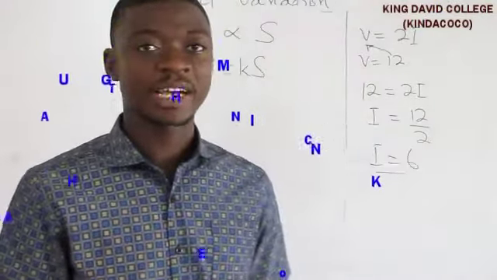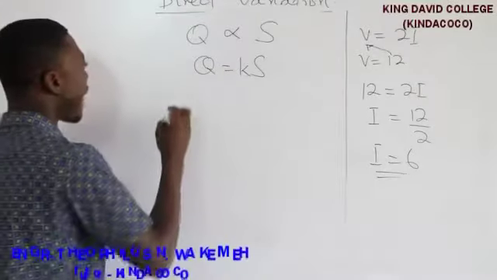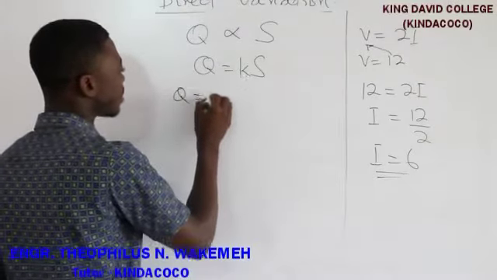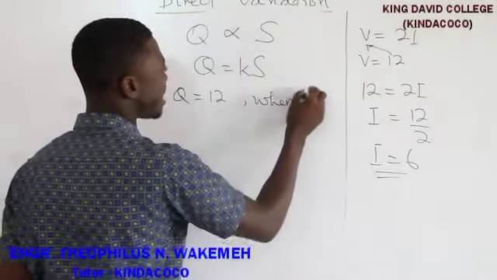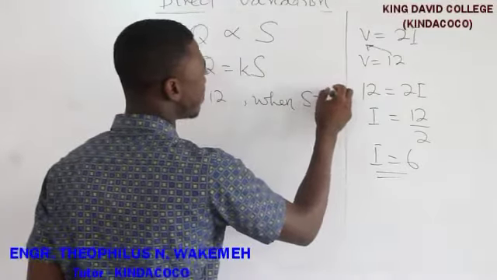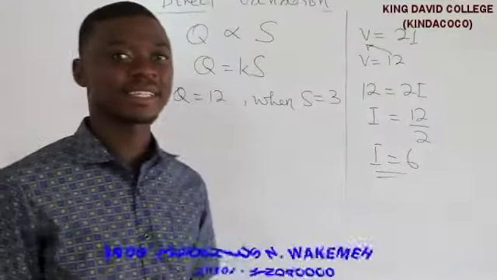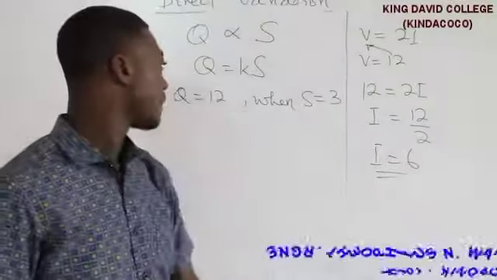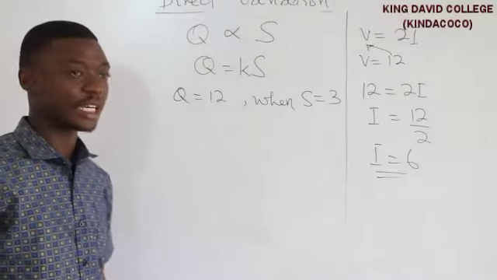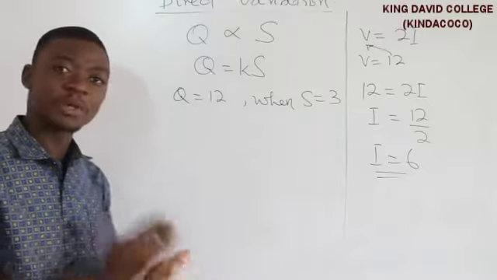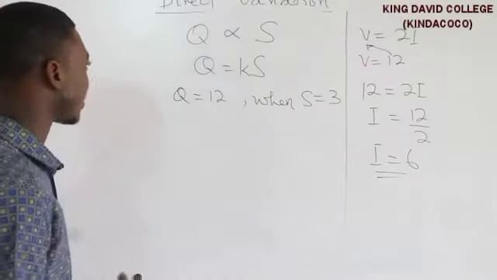So when you have that, then they say Q is, say, 12 when S is 3. So Q is 12 when S is 3. So this statement here will help you to find your constant of proportionality. This statement will always be part of the question, okay, to help you get your constant of proportionality.